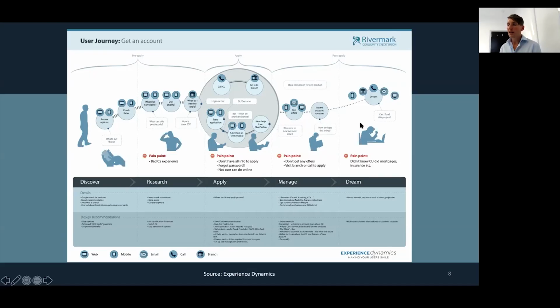But what we realized was more difficult was this last stage, which I called the dream stage. The dream stage, especially for credit union customers, is so important because unlike a bank, with a credit union the person usually joins as a student because it's a good cause, it's community, the money stays in the community. Then they just don't know about any services.